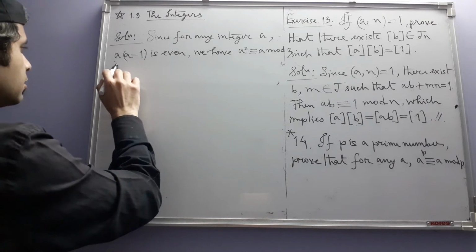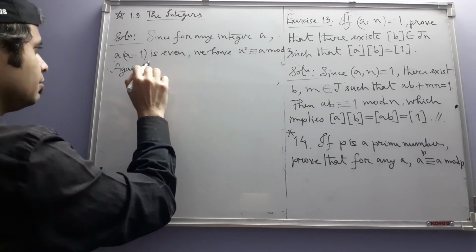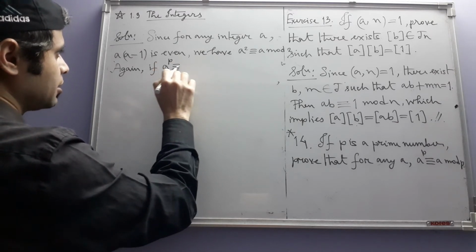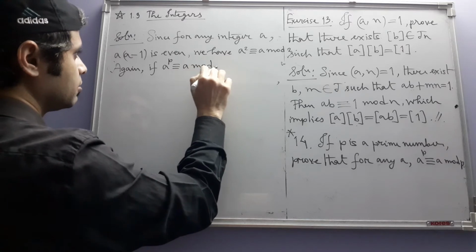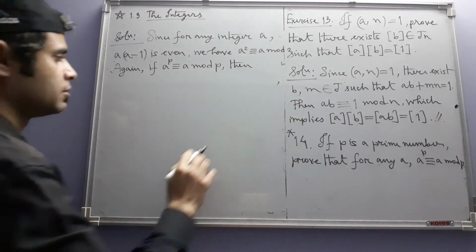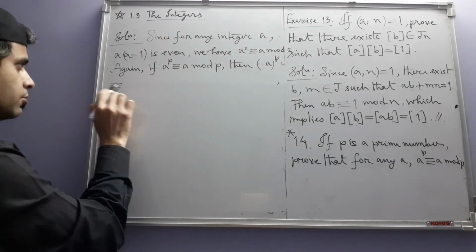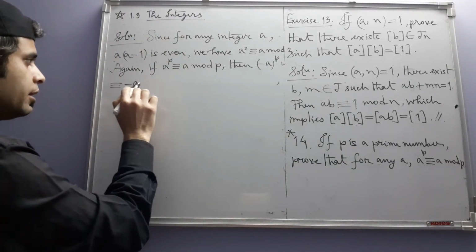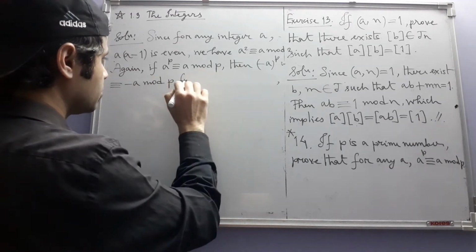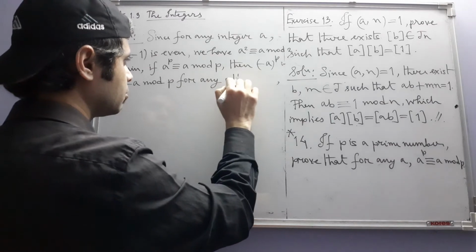Again, if a to the power p is congruent to a mod p, then minus a to the power p is congruent to minus a mod p for any odd prime.